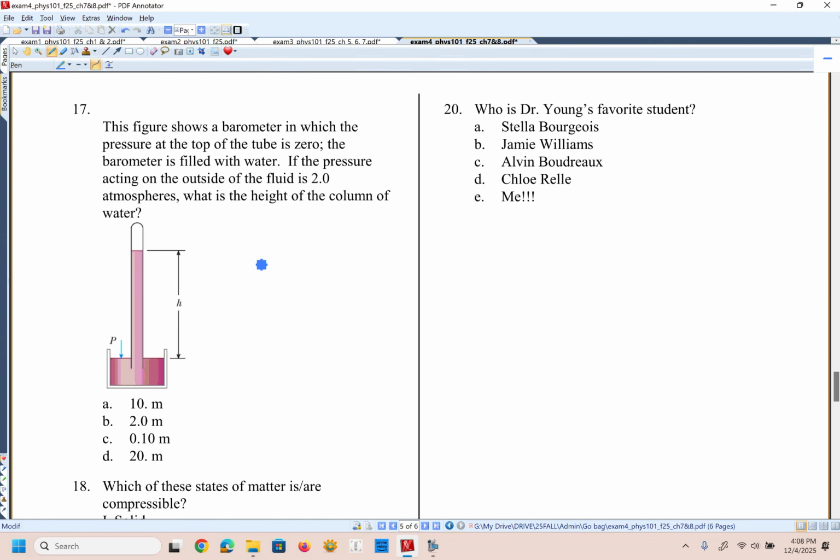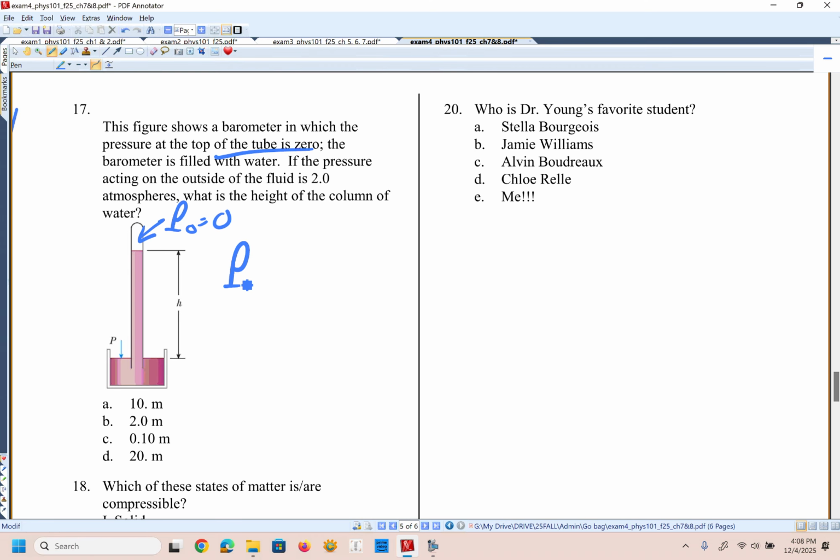Yeah, so 17 is kind of like the argon problem, but the only difference is that P naught, which is the pressure in the top of the barometer, is equal to 0. I say that right here, but saying it in words is different from writing out the actual equation. A barometer is just like a manometer, except P naught is equal to 0.